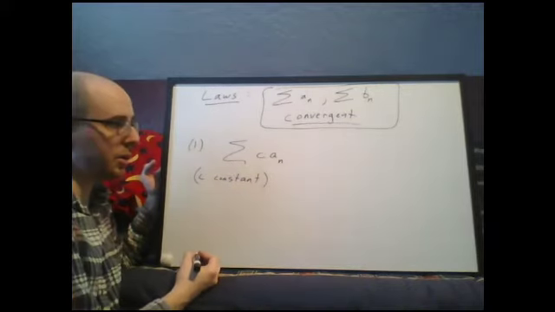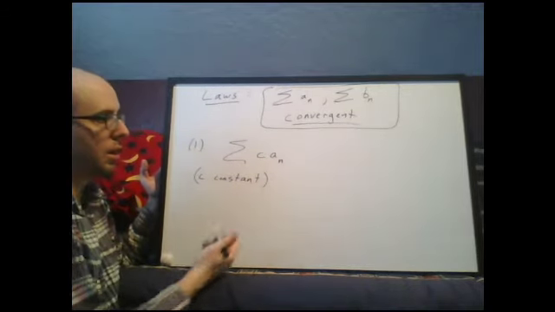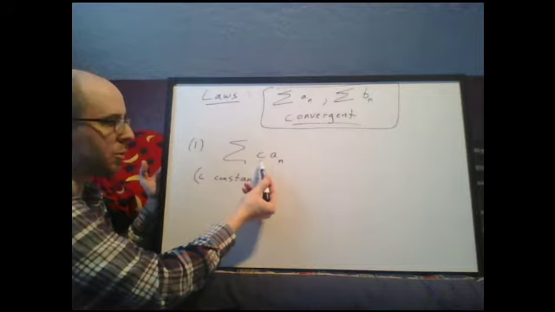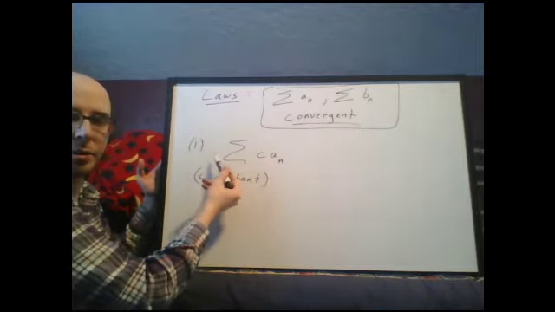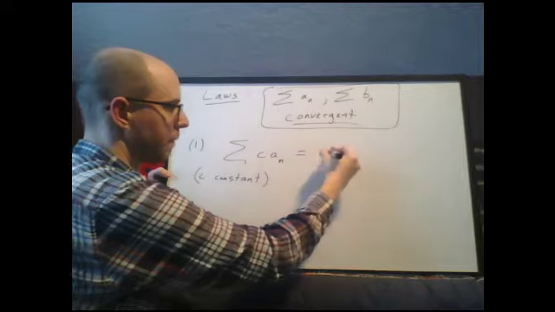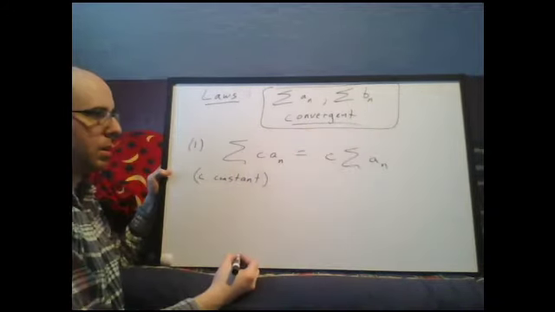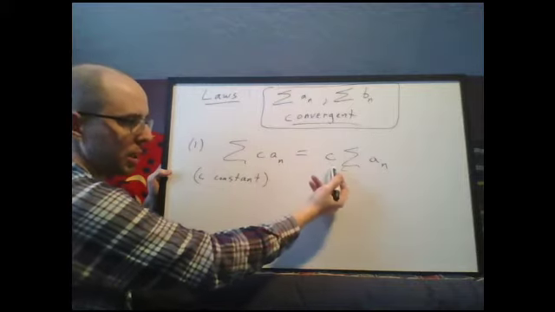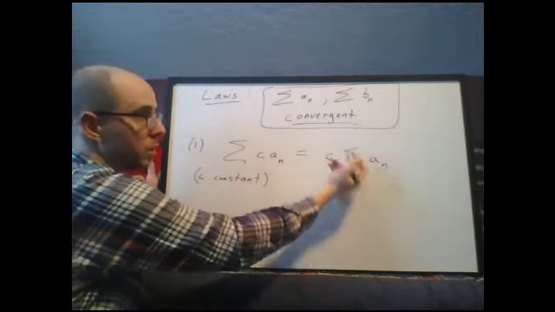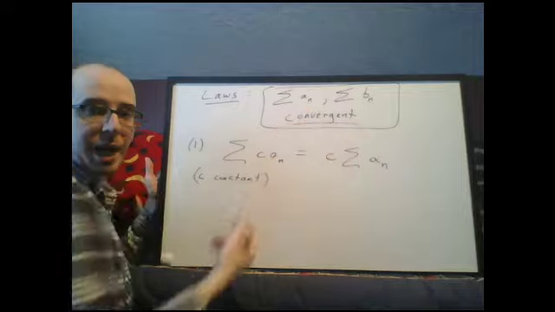If I take that series, then that constant multiplier can just be pulled out of the series. And my answer would be c times whatever my answer was for just the summation of the a_n's.